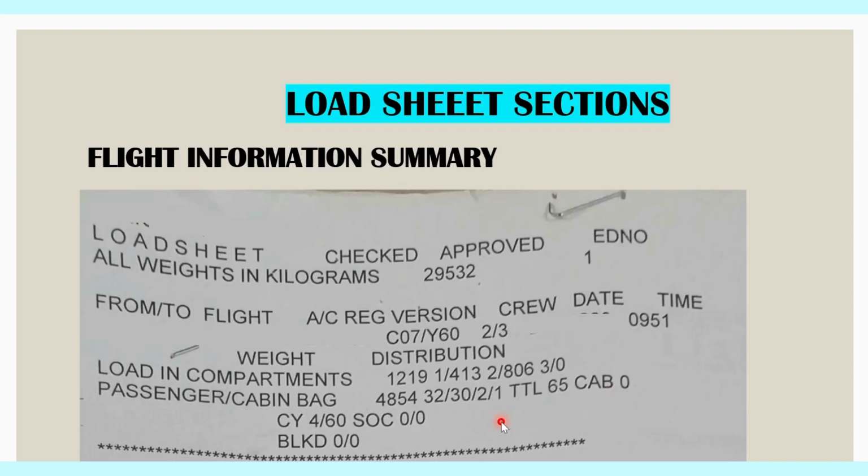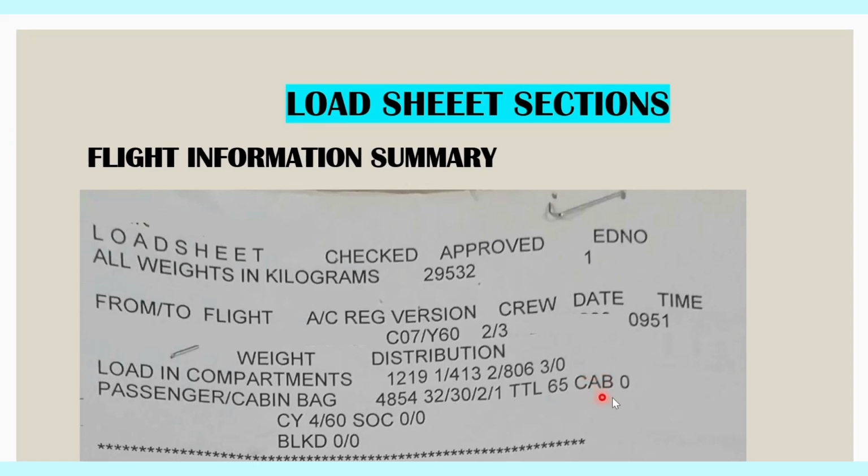Okay, 8 days to 2 years old according to some other scriptures, which you can definitely also find. Total of passengers is 65. That's very important. Cabin, CAB, means the weight of personal belongings which are carried in the cabin, which were not included in the passenger weight.